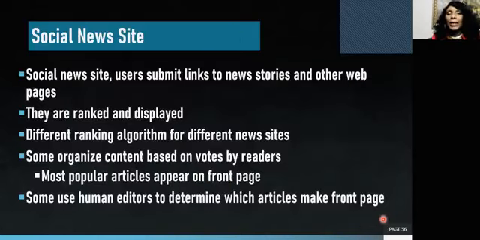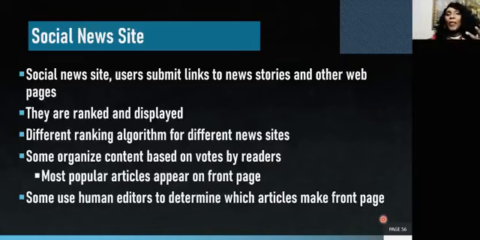Social news sites are another kind of social media. I guess some of us are not even aware that we have social news sites where users will submit links to news stories and other web content, and sometimes others will come back and vote on it, and depending on the votes, that's how they rank the news and determine which one makes the front page and where the rest of it is positioned.